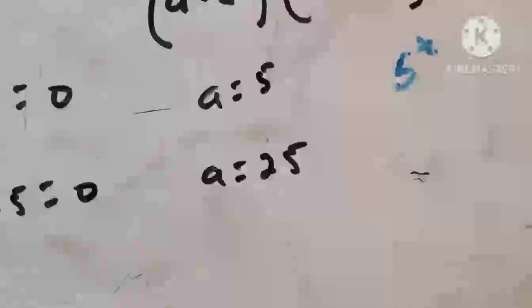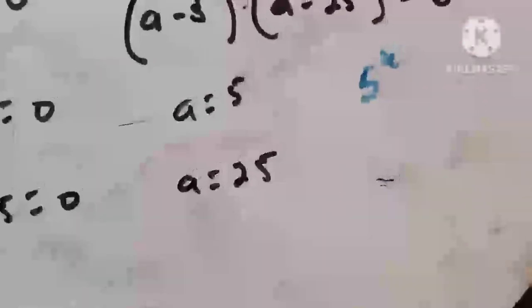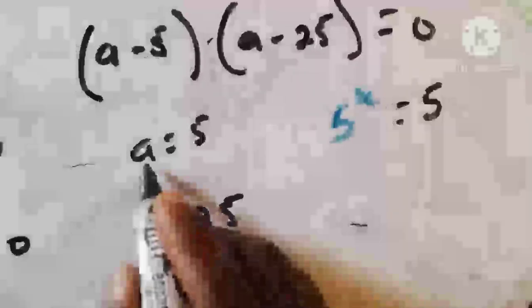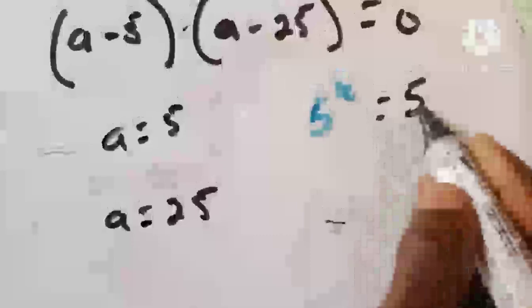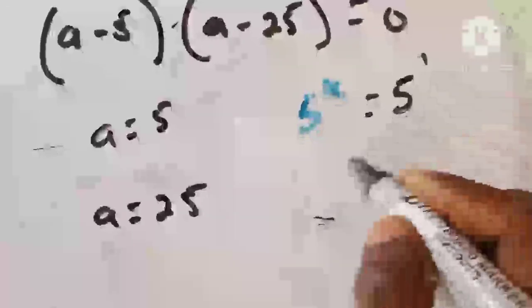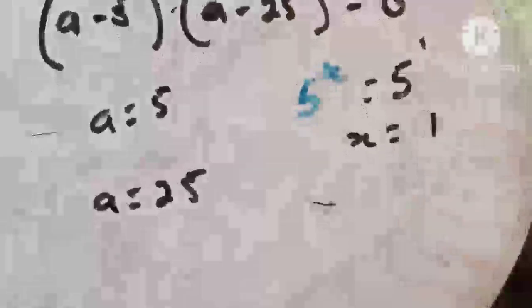So we are replacing this thing back. So 5 exponent x here equal to 5. Remember 1 here, right? Anything raised to the power 1 is the same number. So here we are having our x to be equal to 1.